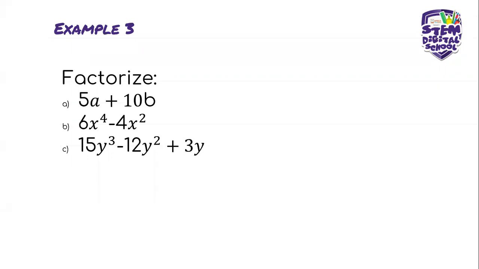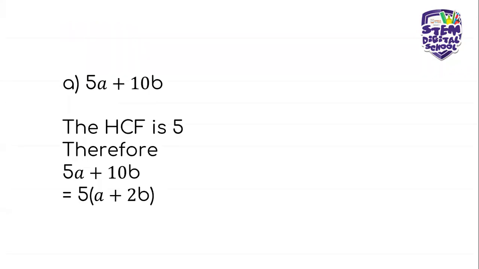So if you take out 5, then you'll be left with A plus 2B, by the way. Why 2B? Because if you multiply out by 5, the first term will be 5 times A, which is 5A, plus 5 times 2B, which is 10B.